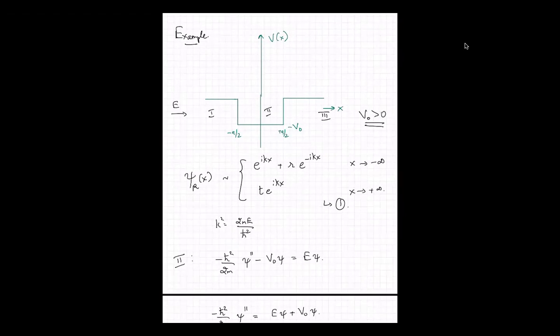Bound states meaning you can have normalizable solutions to the Schrodinger equation, and these bound states can actually be worked out explicitly. Okay, so a given potential in one-dimensional or three-dimensional quantum mechanical systems can admit in general both bound states and scattering states.